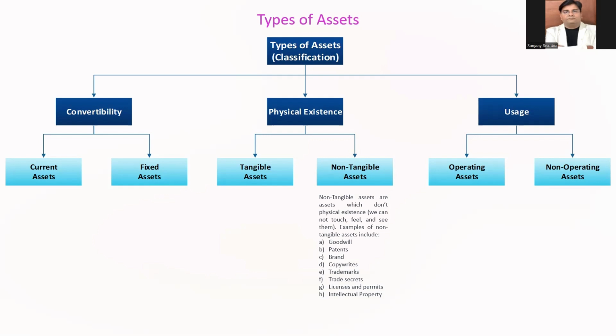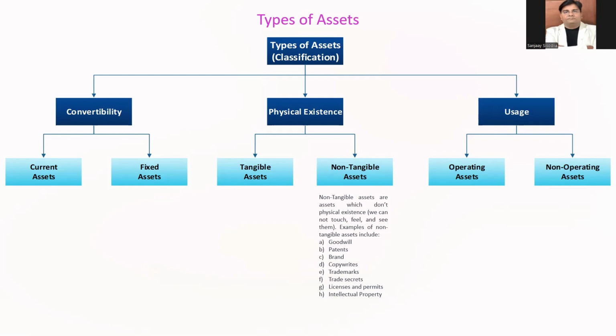Licenses and permits to carry out a particular type of business or to do a particular type of an activity. Then intellectual property. If the business has developed something on its own, the rights to use that particular thing which has been developed by the business entity. It can be as simple as a program or a software. So these things are termed as intellectual property.